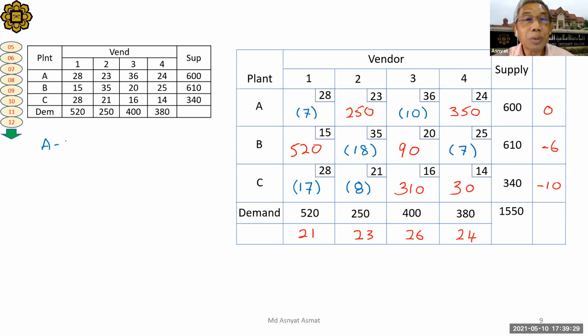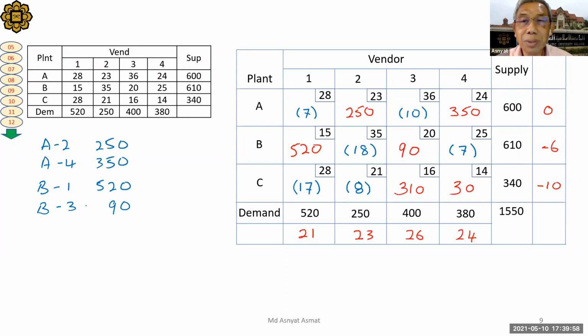to vendor 2, 250 units. A to vendor 4, 350 units. B to vendor 1, 520 units. Then B to vendor 3, 90 units.